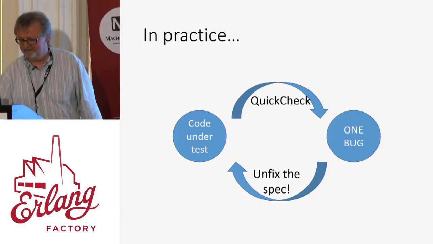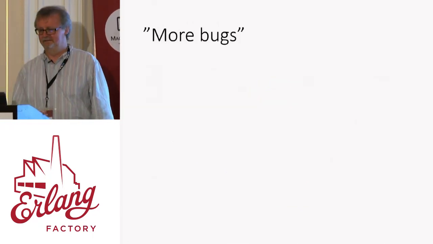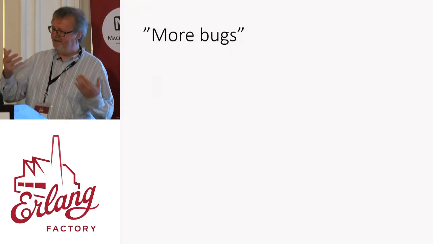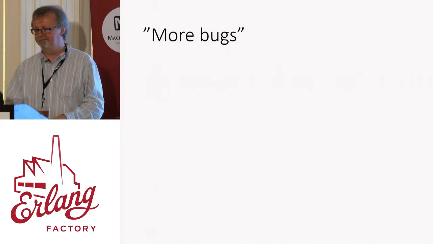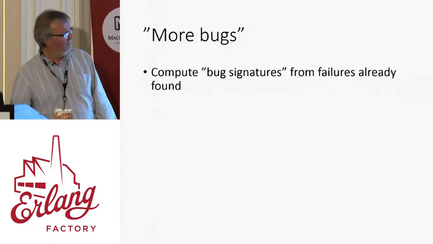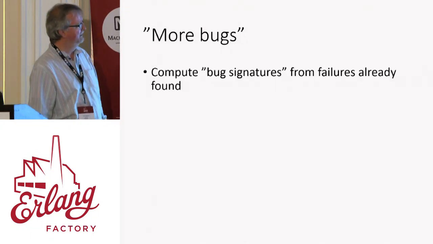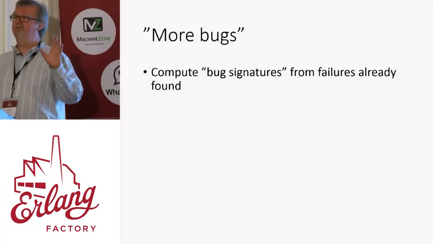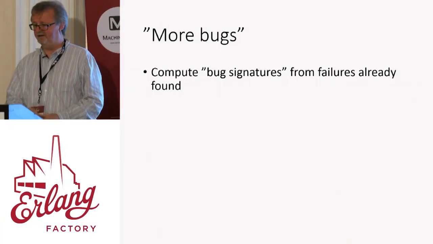So a new thing that we have come up with, we're just calling more bugs. And this is something that fits really nicely with the approach of QuickCheck-CI. What we do is when we find the first bug, then we generalize it, and we compute a bug signature from the bugs that we've already found.